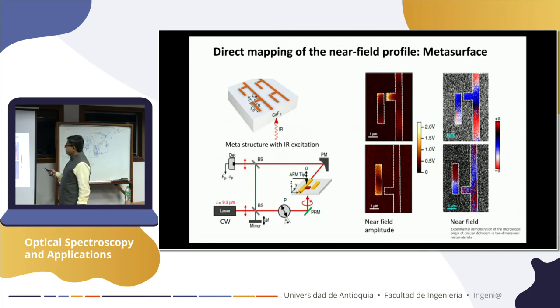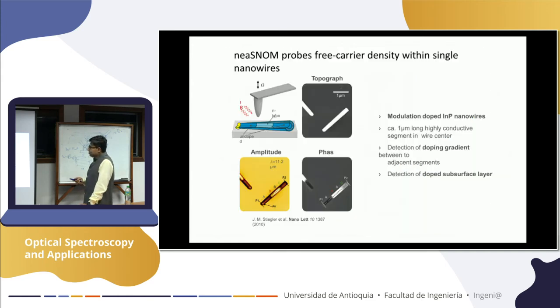This is a metallic metasurface from the metamaterial people who make these meta molecules, and you can actually see the fields at a much smaller dimension, like 300-400 nanometers now, and slowly we'll go much smaller. This is more of a single nanowire. People can now see a single nanowire, less than a hundred nanometers, through this kind of tip enhancement.